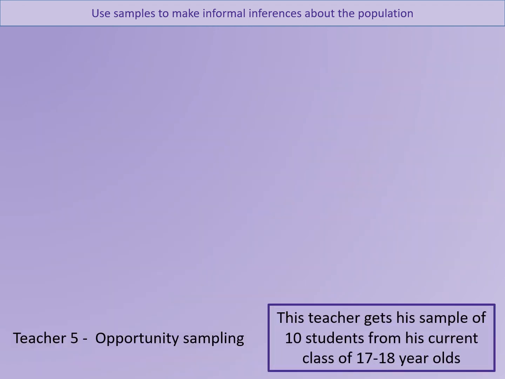And then teacher 5, who's doing the opportunity sample, is just going to take 10 students from the group that they have currently sat in front of them, which consists of a group of 17 to 18-year-olds. So they're going to take a sample of 10 students just from the class that they've got in front of them right now.